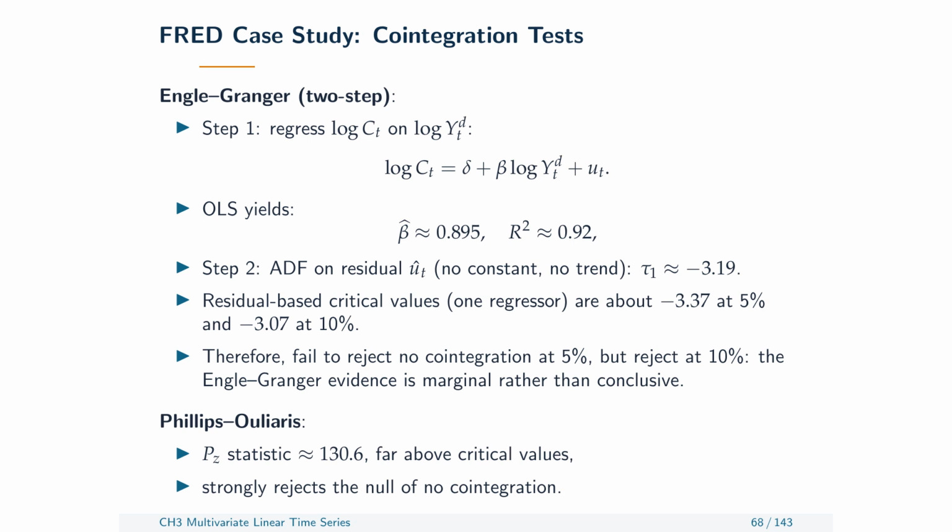The residual augmented Dickey-Fuller statistic is about -3.19. Because the residual-based 5% critical value is near -3.37, the Granger test does not reject the null of no cointegration at 5%, although it does at 10%.